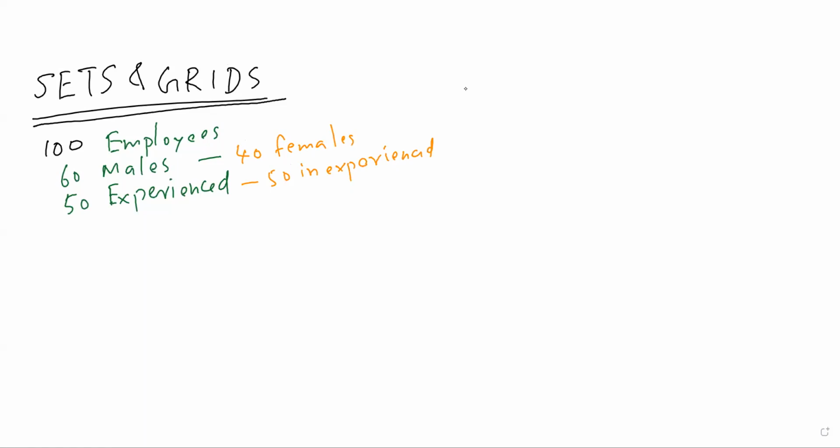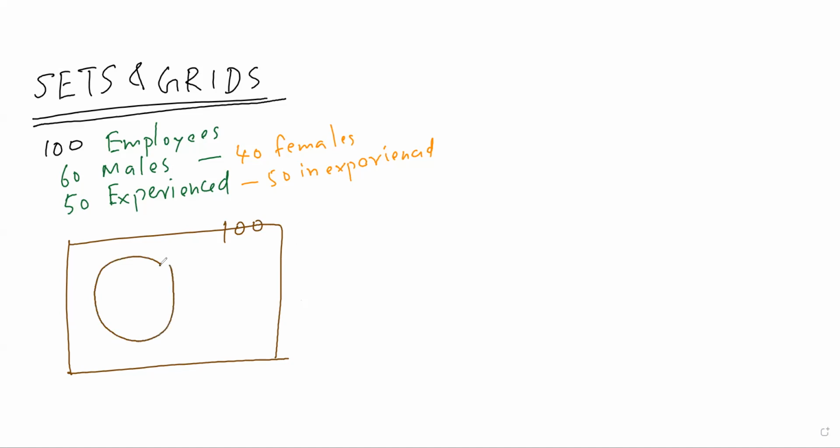However, you can represent it in a Venn diagram this way, right? So you have the boundary here. You can mark that it's 100 because you are talking about 100 employees. And then you have males and experienced. So this is the experienced.